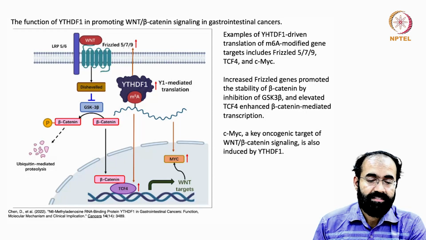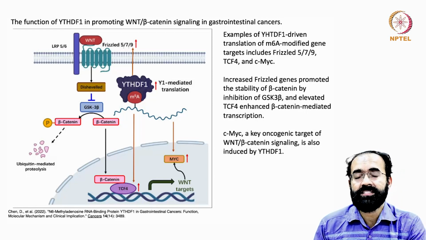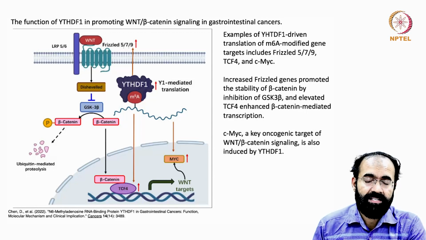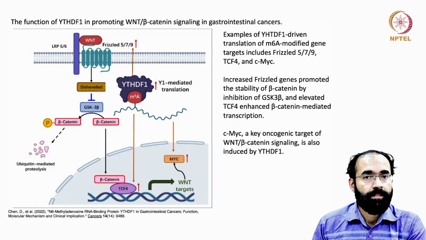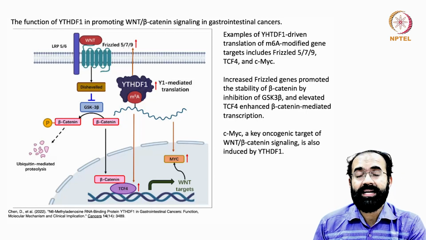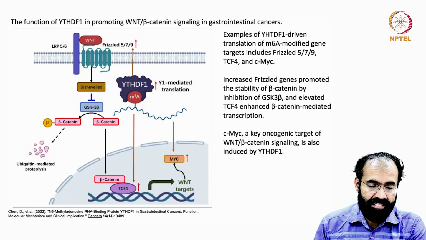Once it is activated, it can inhibit the GSK3 beta enzyme, and this GSK3 beta enzyme is very important because it phosphorylates the beta-catenin. If it is phosphorylated, the beta-catenin will be marked for degradation.